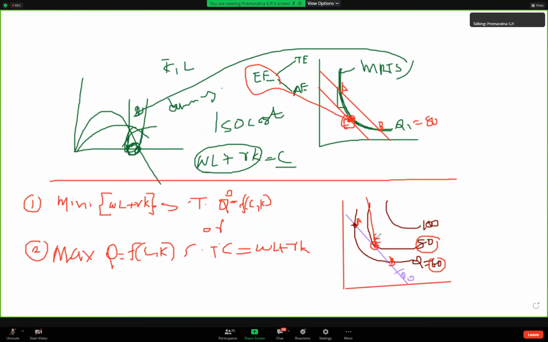So the economic efficiency is the same condition as the previous case. Because of that, this is what we call duality. Reaching 100 is not possible, as there is not enough budget. So in that way, the optimal point is reached here.